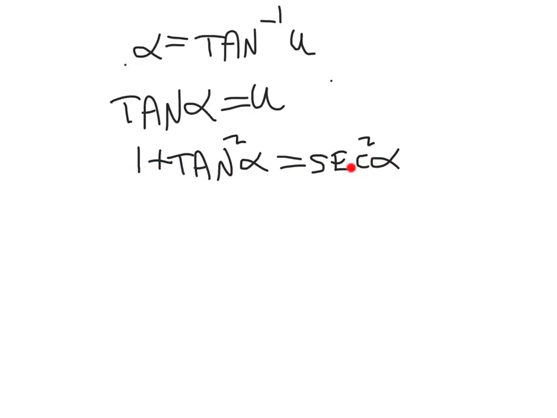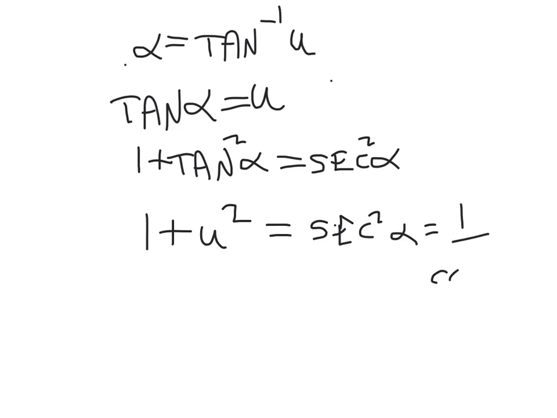So here's the Pythagorean identity with tangent, and then that will mean 1 plus u squared, right, because tan alpha is u, equals secant squared alpha, which is 1 over cosine squared alpha.